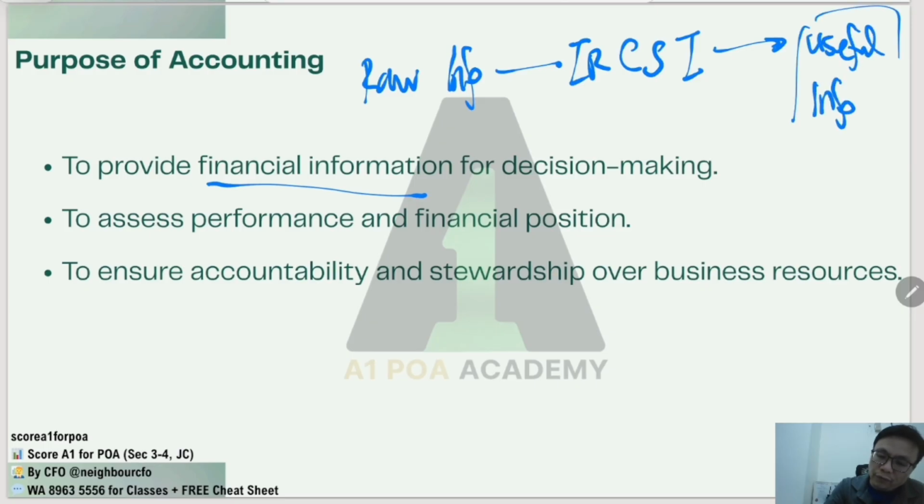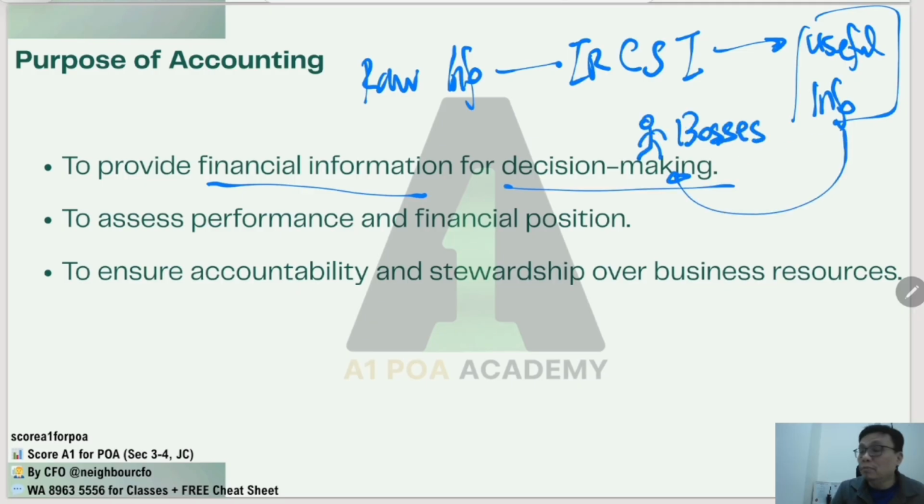And this useful info will allow your bosses to make informed decisions. If they make better decisions as compared to the previous round, the probability of the business doing well will be high. And if the business continues to do well, such as making profit month after month, your boss will be likely to award you some bonus payment.